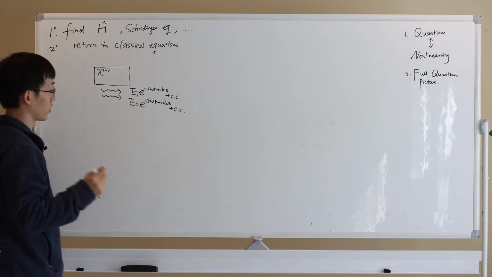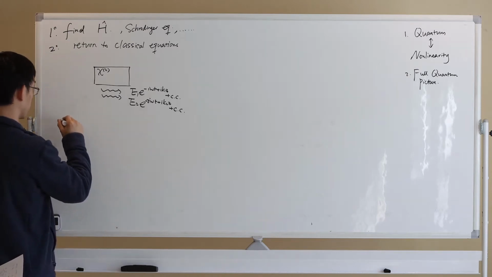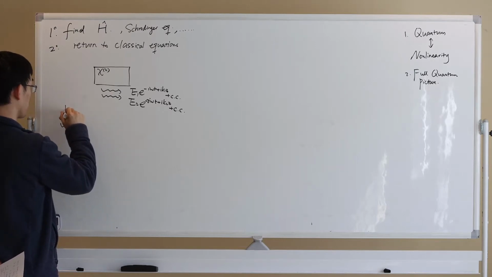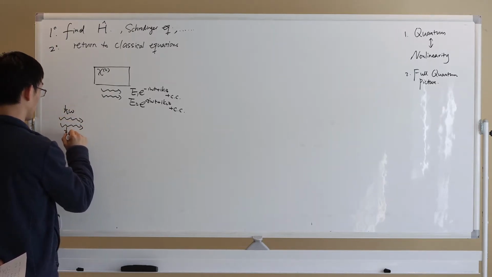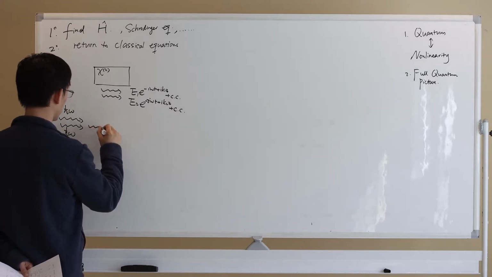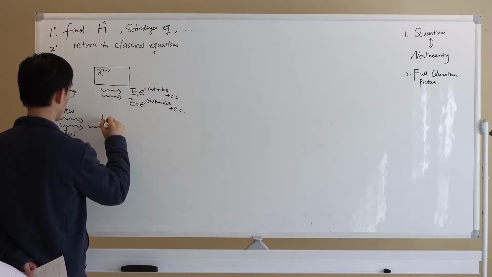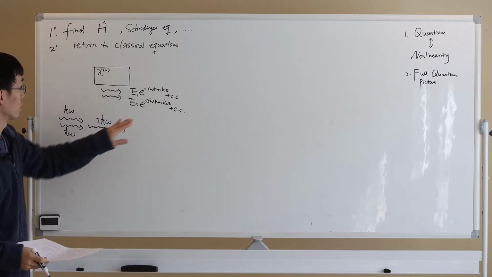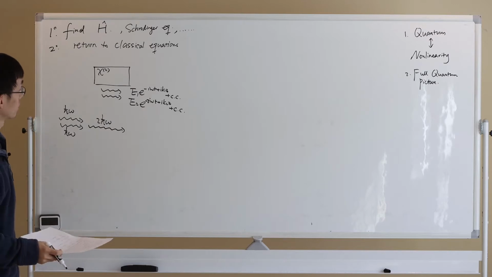One is harmonic generation: you have two photons of frequency omega, degenerate, combining into 2 h bar omega, doubling the frequency.